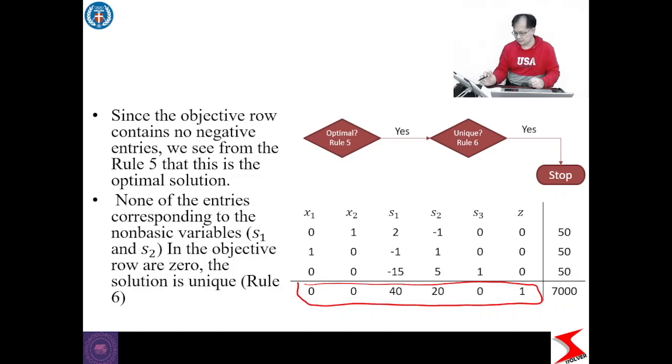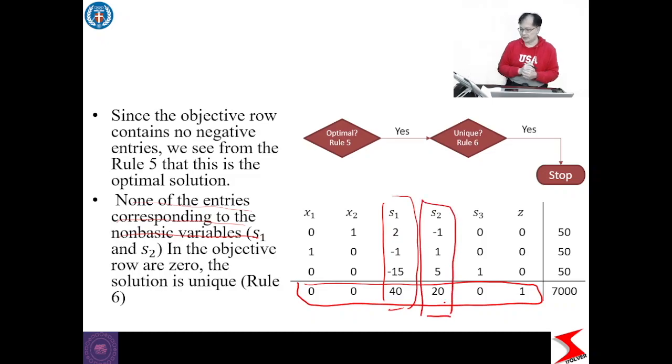We see none of the entries in the objective function row corresponding to the non-basic variables x1 and s2 are 0. These two are not 0, they are positive values. So that means it's a unique solution. So we stop. Finally, we find the solution.